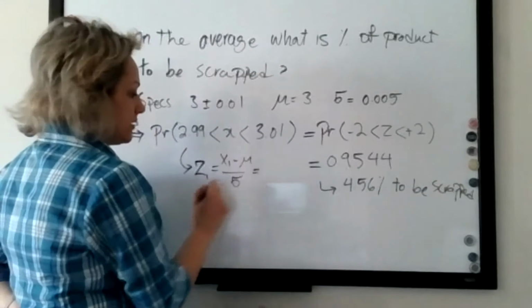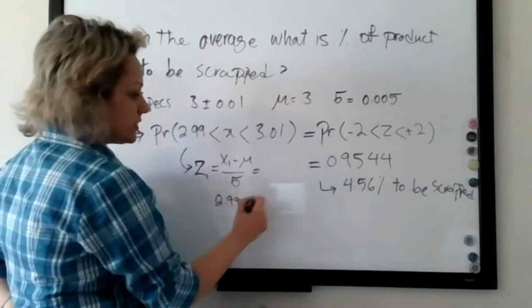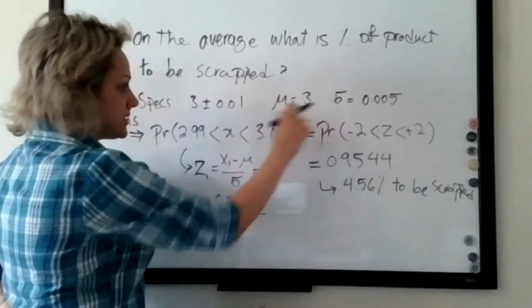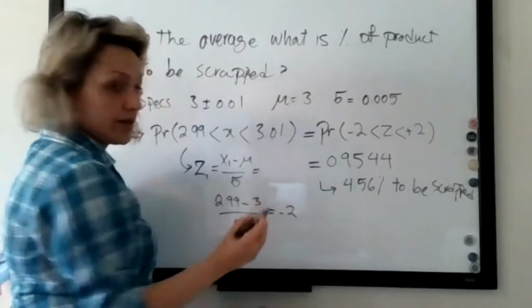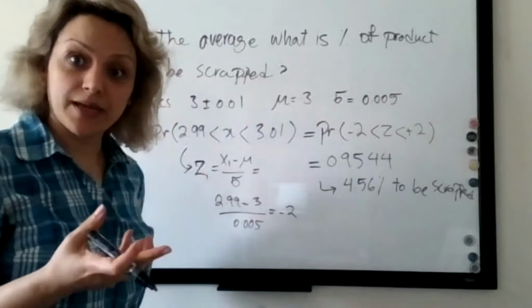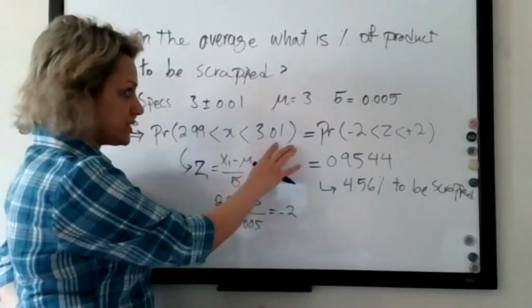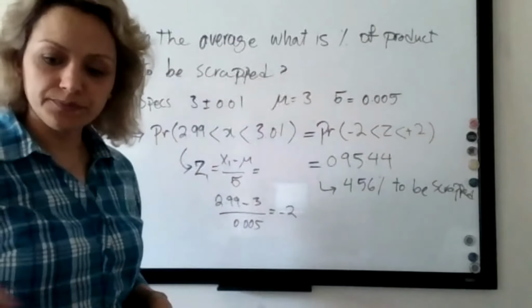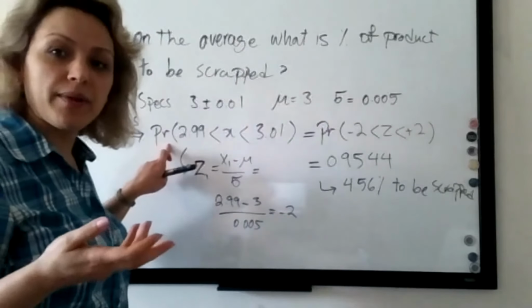X1 is 2.99 minus mu, which is 3, divided by sigma, which is 0.005. So we are going to find minus 2. This is going to be the lower bound for our acceptance. We are going to do the same thing for the upper bound, 3.01, and we're going to find plus 2.